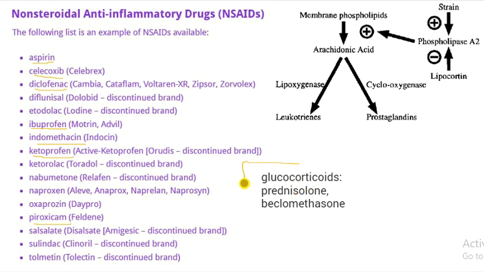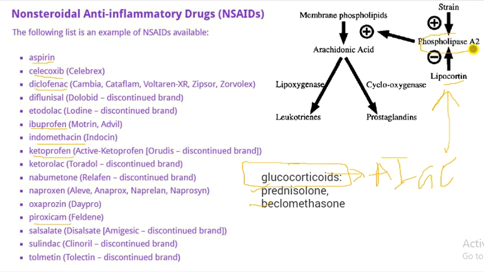And there are some glucocorticoids that also act as anti-inflammatory agents. For example, prednisolone, beclomethasone. And what is the action of glucocorticoids? Glucocorticoids will produce lipocortin.